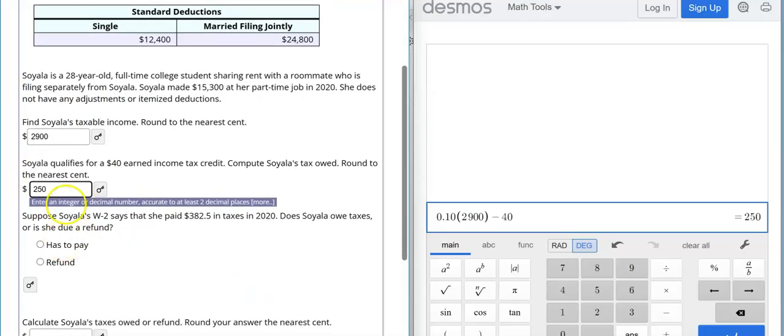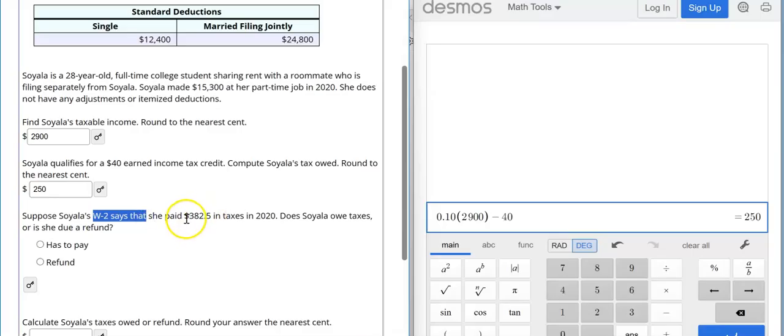Now here's the scenario. From the calculation, she needs to pay $250 to the IRS. But it looks like she already paid $382.50 in taxes in 2020, shown in her W2.